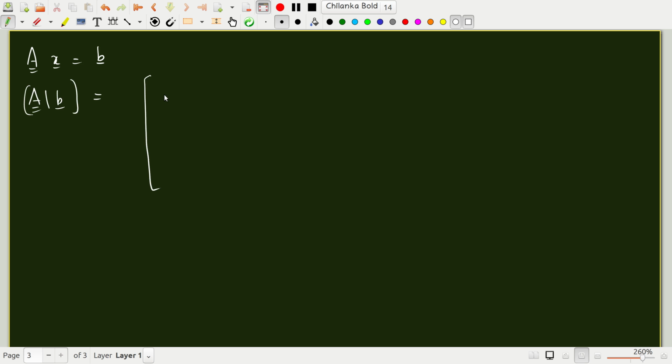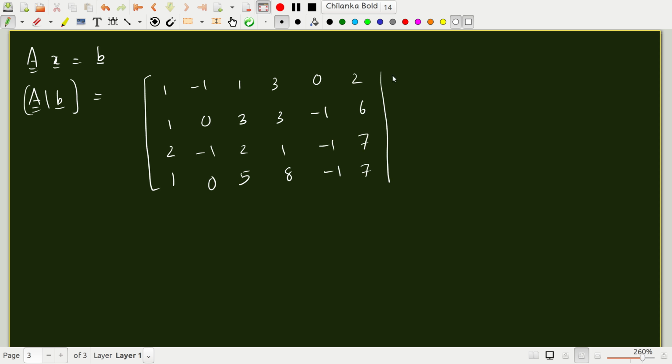The rows are 1, 1, 2, 1, minus 1, 0; minus 1, 0, 1, 3, 2, 5; 3, 3, 1, 8, 0, minus 1; minus 1, minus 1, 2, 6, 7, 7, and the right side vector B is 4, 3, 9, 1. Again, you have fewer equations than unknowns. M is equal to 4, N is equal to 6.